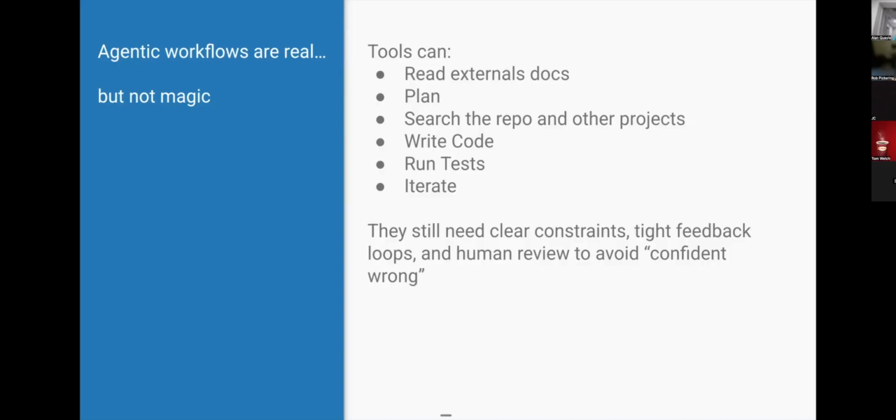It can dig into your repo. It can see what you're seeing on your screen, except it can see all of the other files sitting behind there as well. It can write code. It can run tests. It can iterate. But all of this only really works well when we've got clear constraints, tight feedback loops, and human review to avoid that confident wrong.